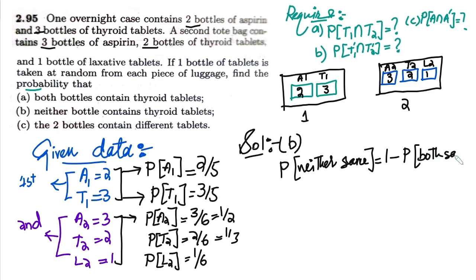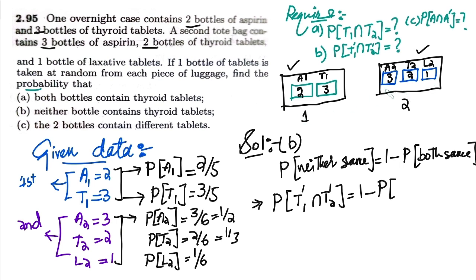Okay, so if I want to find the probability that both should not contain the thyroids, I should subtract from 1 the probability that any one of them will contain the thyroids. Either it can be the first one, or it can be the second one, or it can also be both. So that is basically the union operation. So therefore I have to write here T1 or T2.